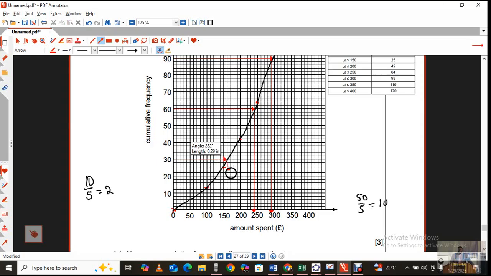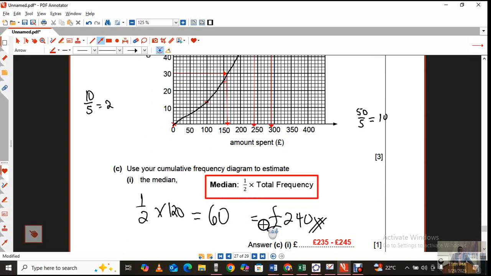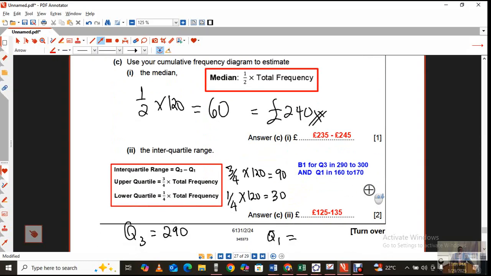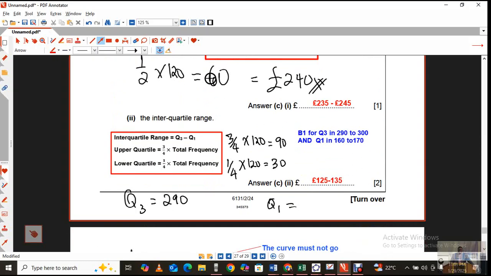And I'll write down what I have here. That is 160. Can you see that I have 160? Okay. And if you have anything between 160 to 170, you get a mark. So mine here was 160. Now, how do I find this answer? You subtract the two from each other.